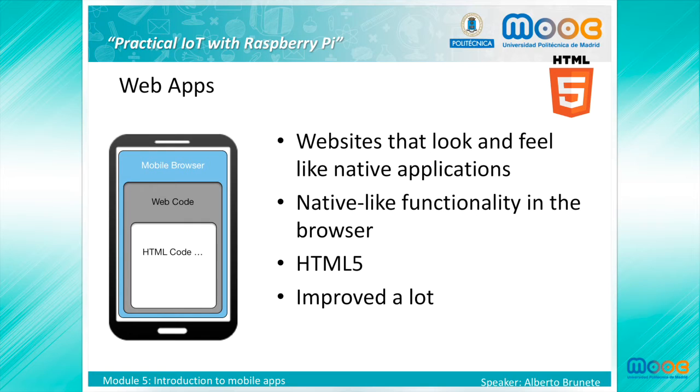Web apps became really popular when HTML5 came around and people realized that they can obtain native-like functionality in the browser. Today, as more and more sites use HTML5, the distinction between web apps and regular web pages has become blurry.